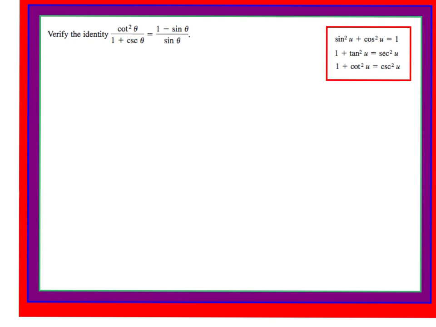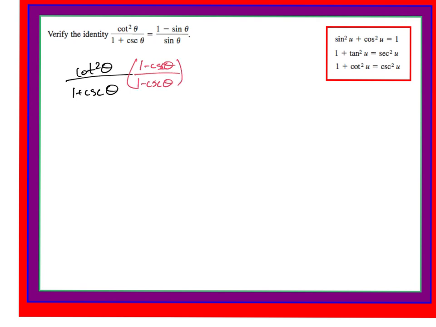All right, so what can we do? We're going to work with the left side. You want to multiply by a conjugate? We can multiply by the conjugate. So what's my conjugate? 1 minus cosecant theta.